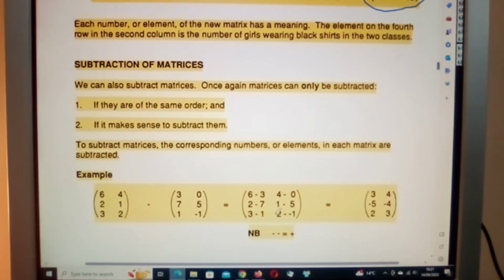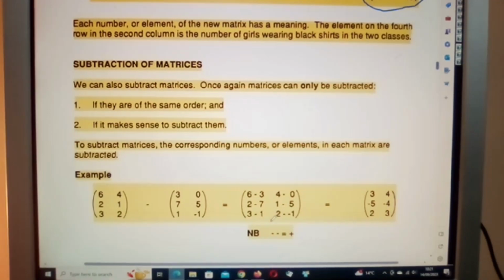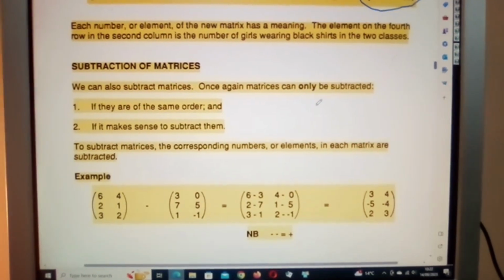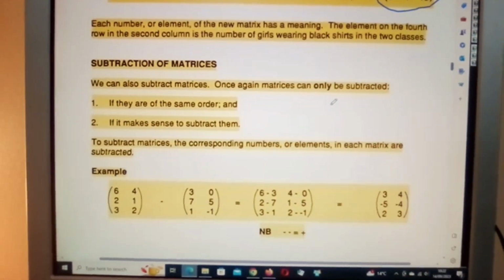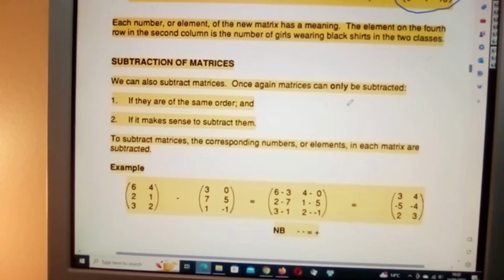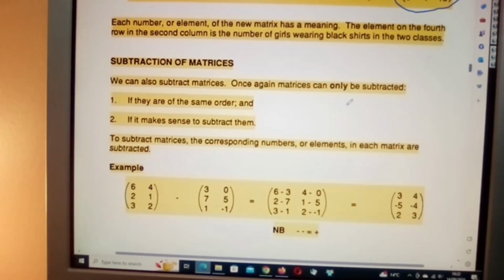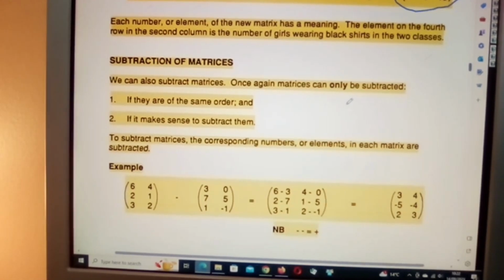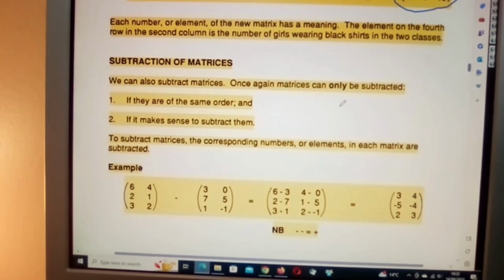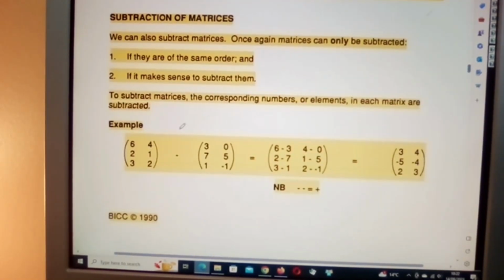And subtraction of matrices. Again, follow the rule. We can only subtract matrices once again if they are of the same order and if it makes sense to subtract them, okay. And here we are. Here's our example.